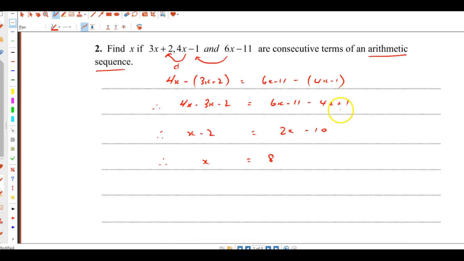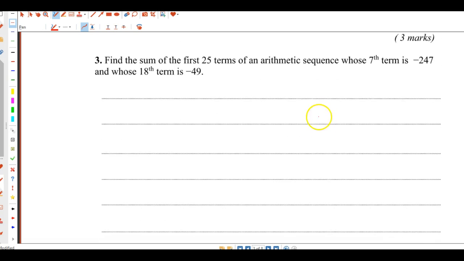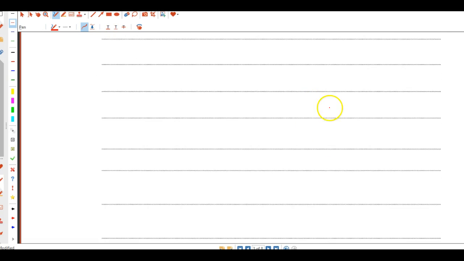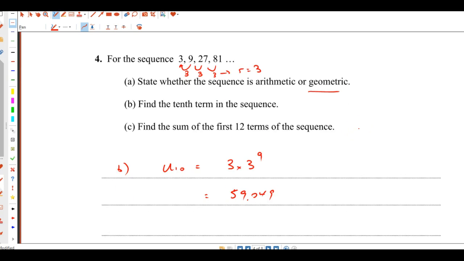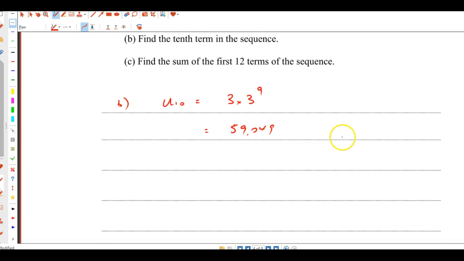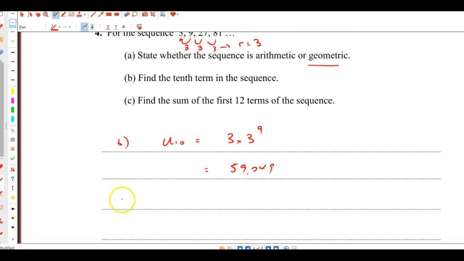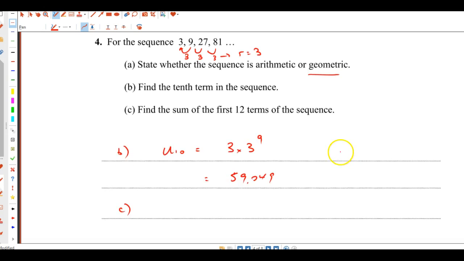Let's have a look at the sum, no, not there, question 3. We'll come back to question 3, that's an interesting one. The sum of the first 12 of this geometric. So we found the 10th term, but the sum of the first 12 terms is going to be quite large.